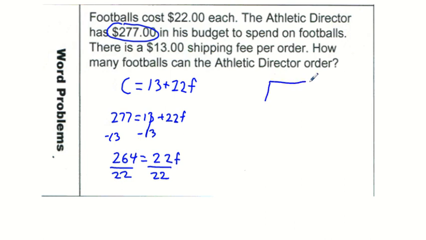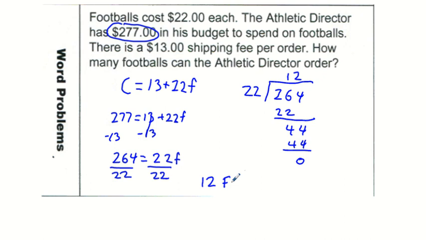Let's make a little long division here. 22 goes into 26 one time. 1 times 22 is 22. 26 minus 22 is 4. Bring down this 4. 44 divided by 22 is 2. 2 times 22 is 44. We have no remainder, so we know we can get 12 footballs for this amount of money.